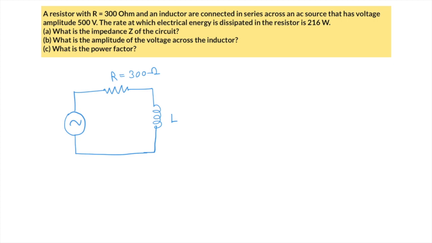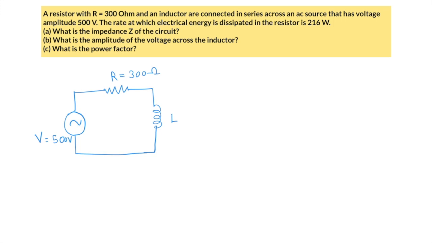So this V is 500 volt. The rate at which electrical energy is dissipated in the resistor is given as 216 watt. So this electrical energy which is dissipated is represented in the form of average power dissipated across the resistor.